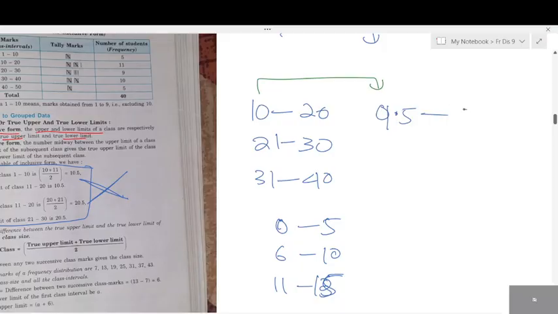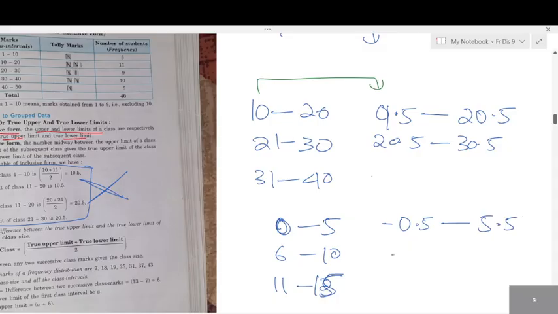And for 20, what will you do? The next 20.5 to 30.5 to 40. Now 0 to 5. For 0, if you minus 0.5, will you get positive or negative? It is minus 0.5. What's the other one? 5.5.